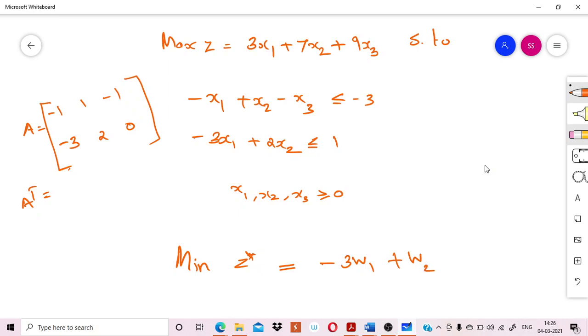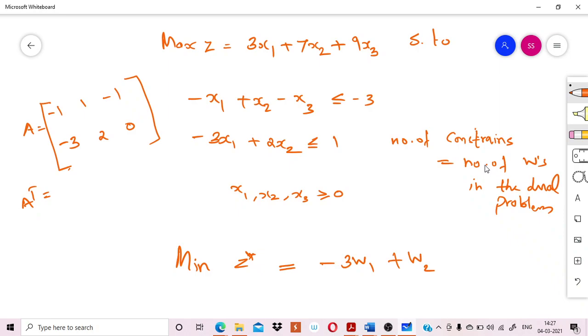So how many constraints? Two constraints. The number of constraints equals the number of decision variables in the dual problem, the number of w's.